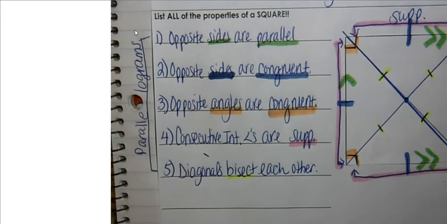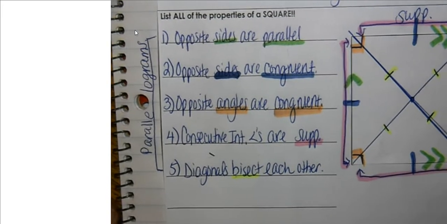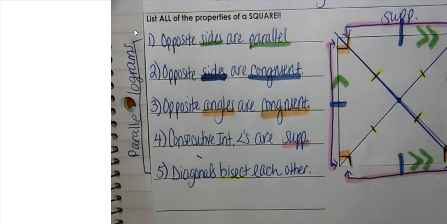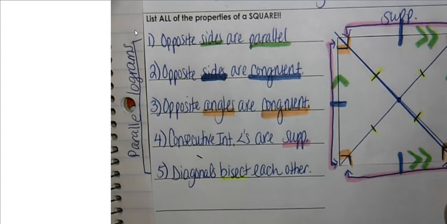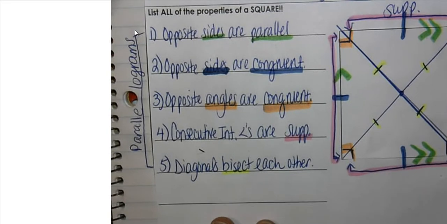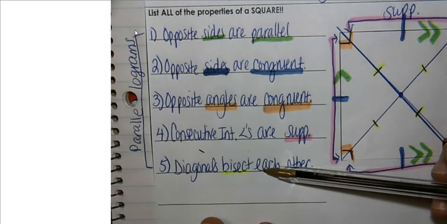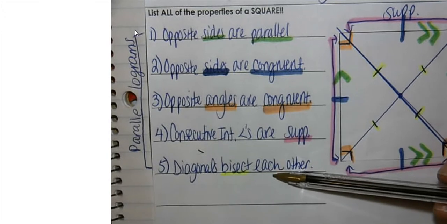All of the ones that we've talked about all day in all of the lessons for parallelograms, rectangles, rhombuses, and now finally squares. But like I said to you guys before, a square has all of the properties of rectangles as well. So a rectangle has all of the properties of parallelograms plus a couple of extras.